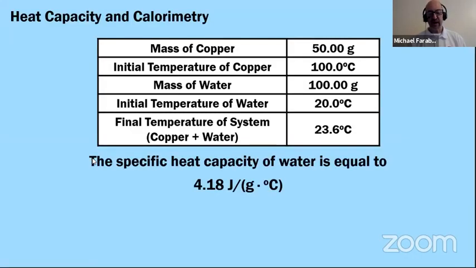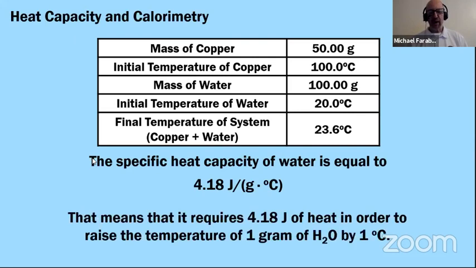For water, it turns out that the specific heat capacity is 4.18 joules per gram degree Celsius. Sometimes you will see this listed as joules per gram Kelvin. Either one of those is actually fine, Celsius or Kelvin, because the change in temperature either way is the same magnitude. If a thermometer goes up by 10 degrees, it will also go up by 10 kelvins. So what this means is that it requires 4.18 joules of heat energy in order to raise the temperature of 1 gram of water by 1 degree.